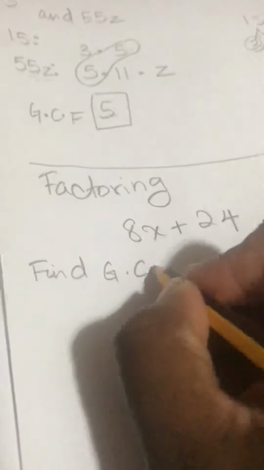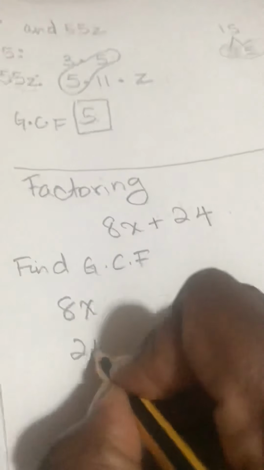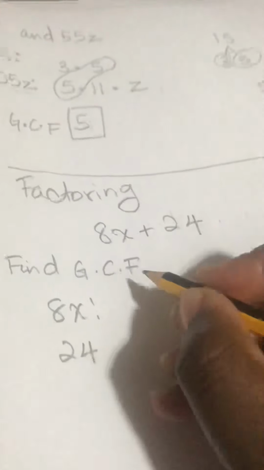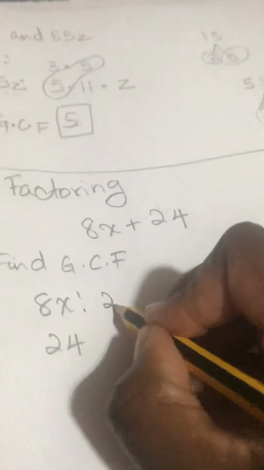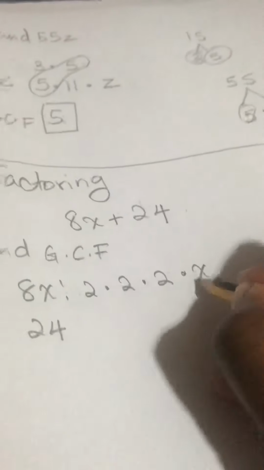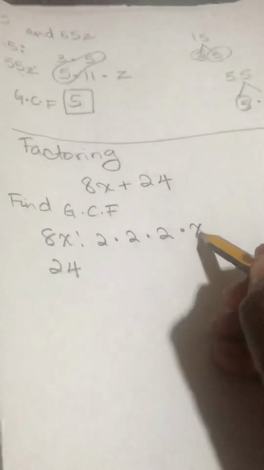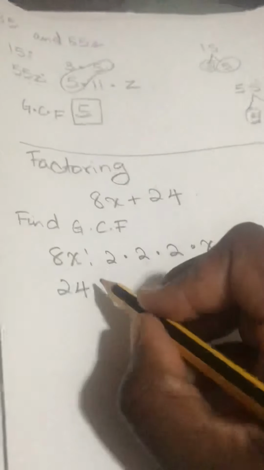So you do 8x and 24. Factors of 8x: 2 times 2 times 2 times x. 2 times 2 is 4. 4 times 2 is 8. 8 times x is 8x.